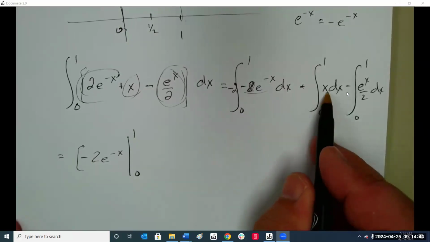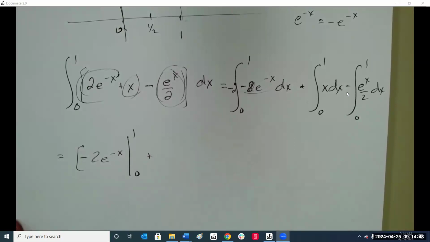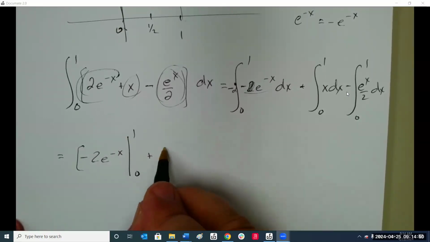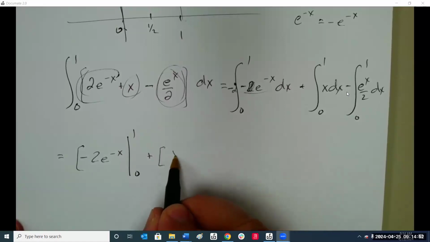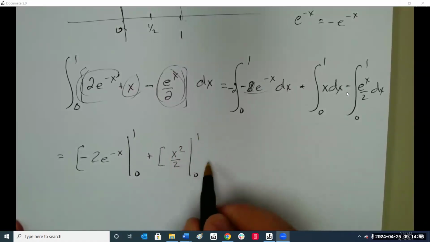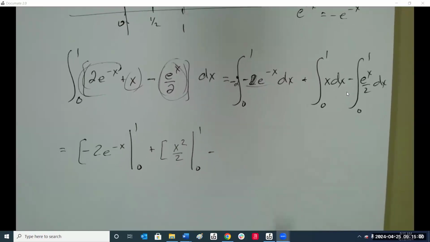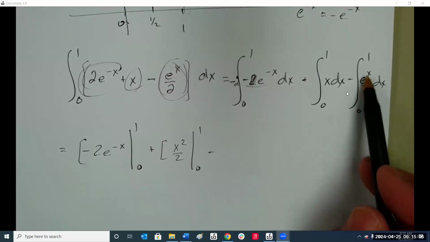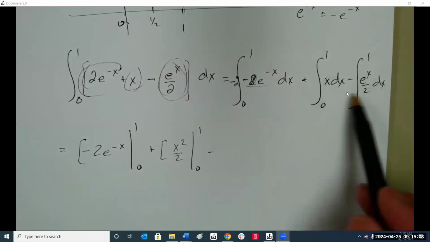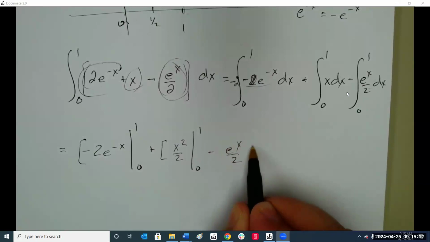The next one, the integral of x. Yeah, x squared over 2. And you have a constant, which is 1/2. So the integral of e to the x is e to the x over 2.